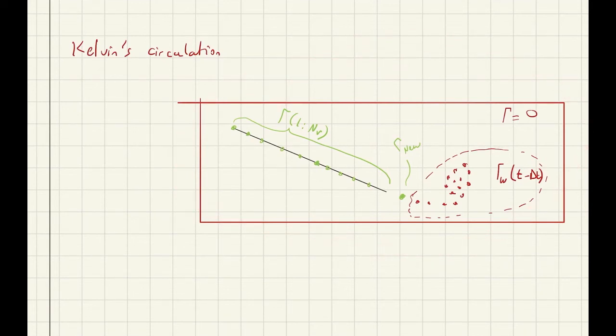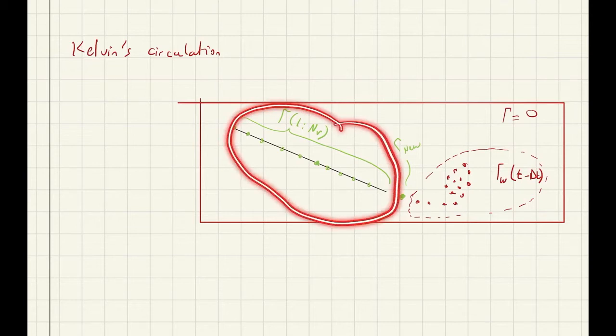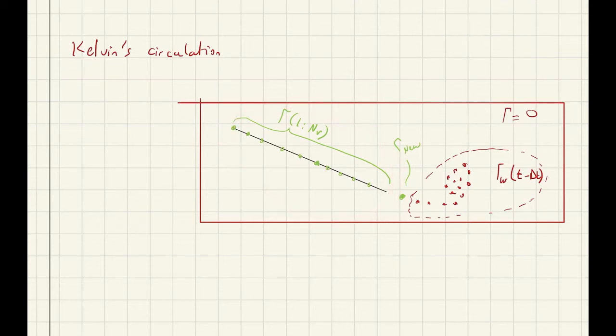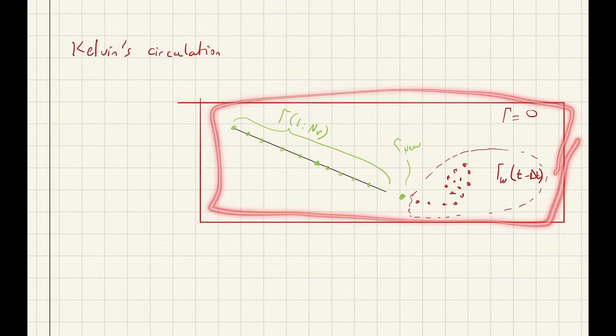Assuming that the system has started from rest, so the wing is starting from rest, there is no circulation because the fluid is empty of vorticity and there is no bound circulation in the wing. Once the wing starts moving, it will start building some bound circulation, and thus it will need to shed some vorticity such that the circulation of the entire system stays at 0.